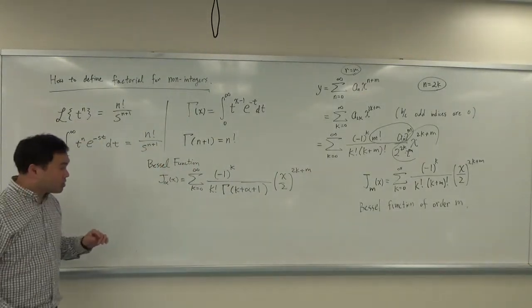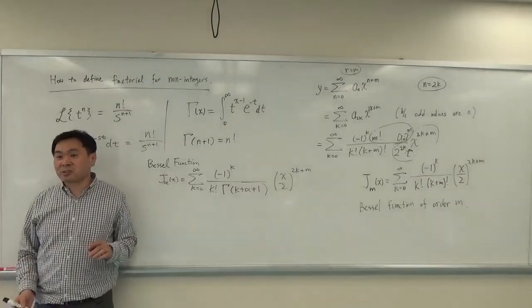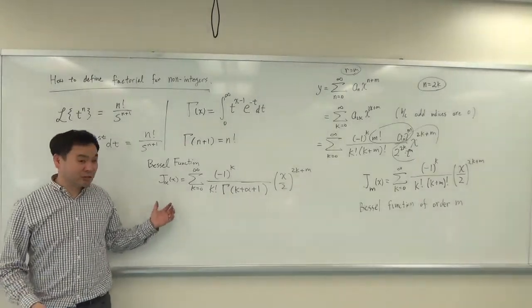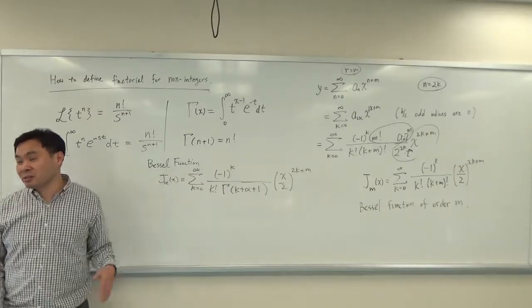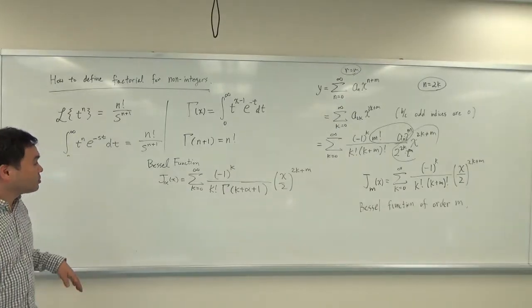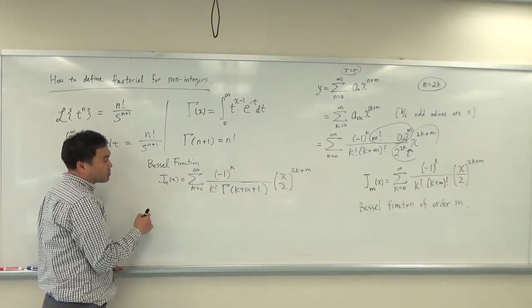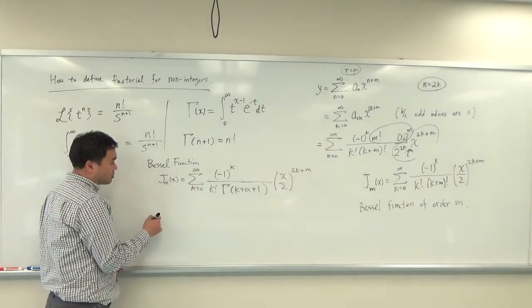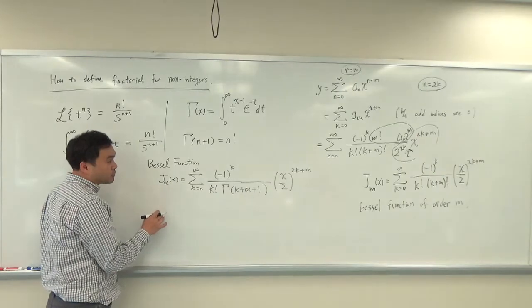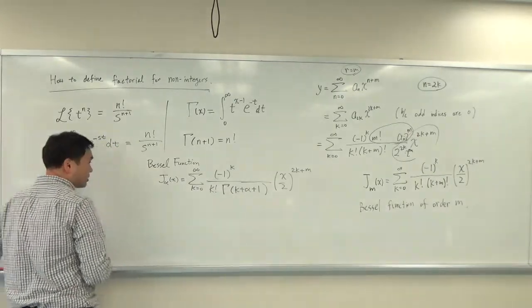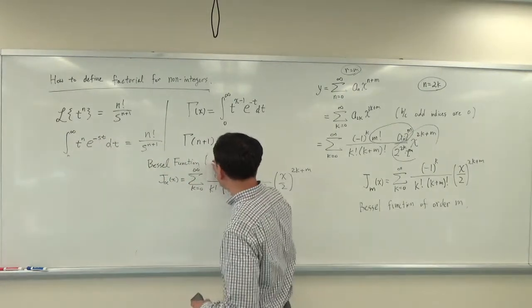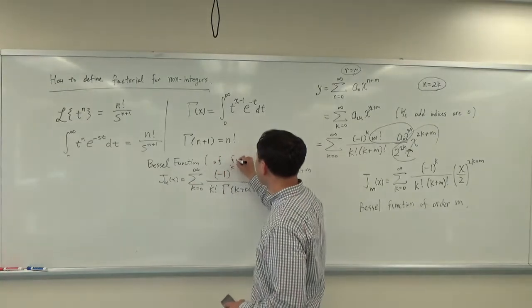Now, I told you about this other function that can be obtained by starting with the negative alpha. So what happens is that this actually works for negative alpha. So this is called the Bessel function of the first kind.